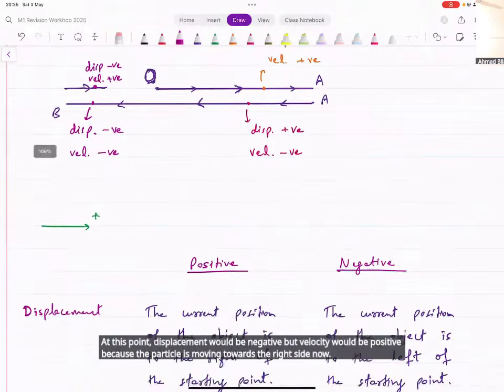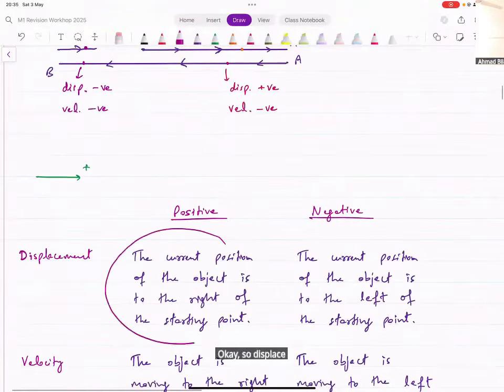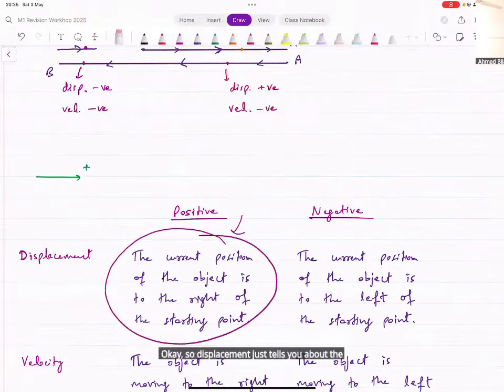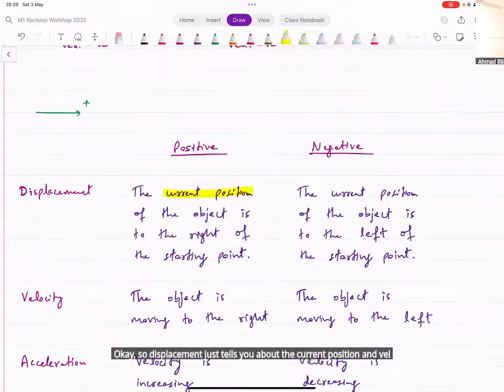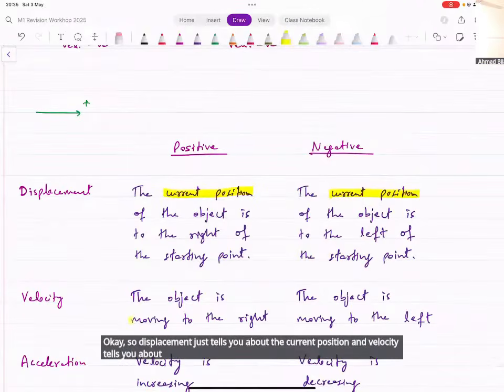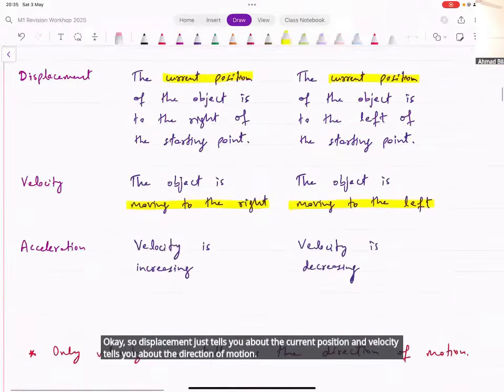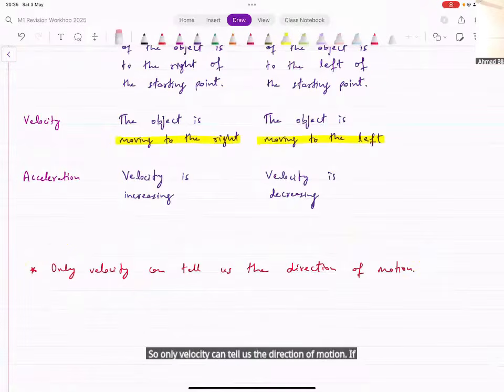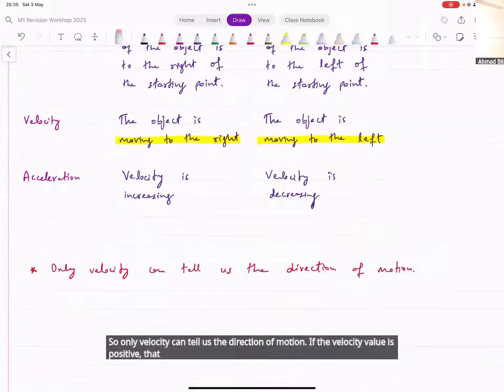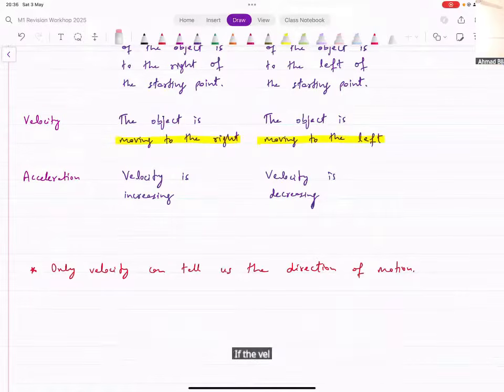So displacement just tells you about the current position, and velocity tells you about the direction of motion. Only velocity can tell us the direction of motion. If the velocity value is positive, the object is moving towards the positive side. If the velocity value is negative, the object is moving towards the negative direction.